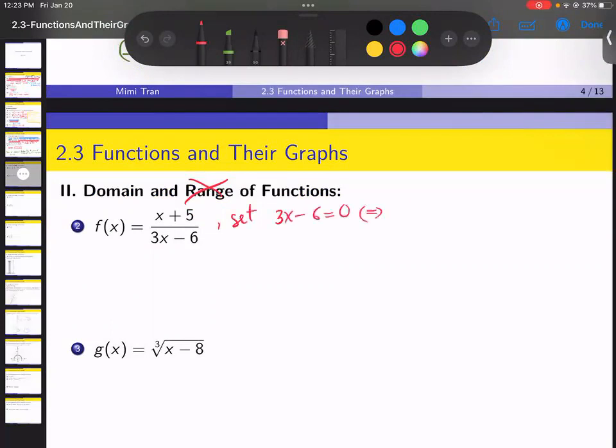So for x, x equals 2. You say x cannot be equal to 2. Can someone give me the interval notation? If you're stuck, draw it out. That's 2. Anything but 2. So I see 2 intervals, right?